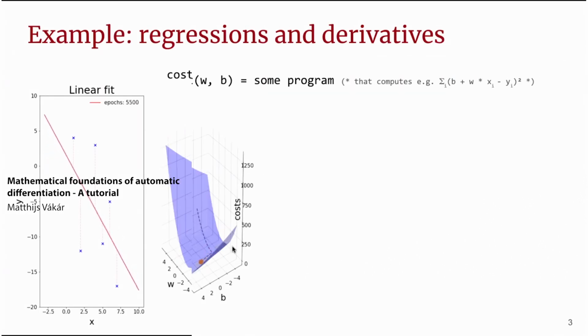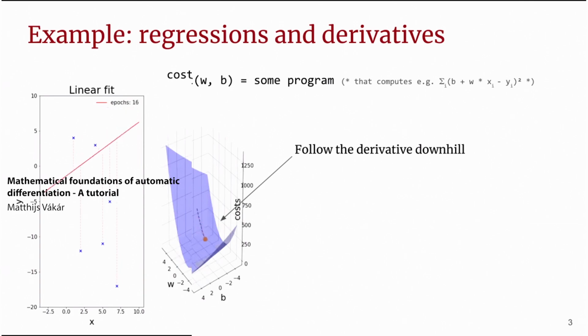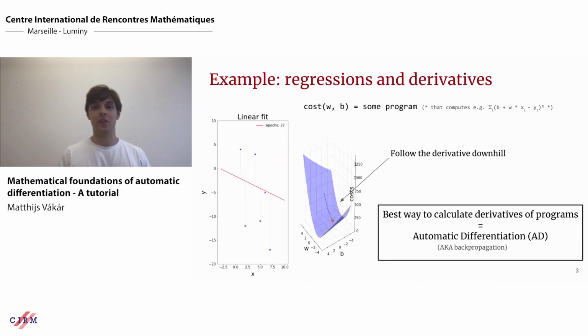And we do that generally in a greedy way by taking little steps in the direction in which the error decreases fastest. And that direction is measured by the gradient or the derivative of the cost function. So what we tend to do is we tend to follow the derivative downhill until our performance gets good.